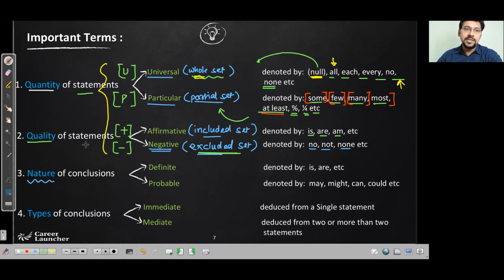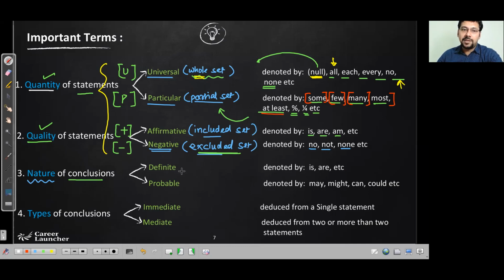Now, like the statements, even conclusions will have their own quantity and quality. With the same logic, we can say all of x is y, we can say some of x is y, and so on and so forth. So even the conclusions will have their own quantity and quality. But then what about the nature?